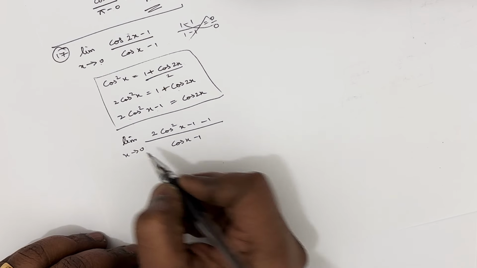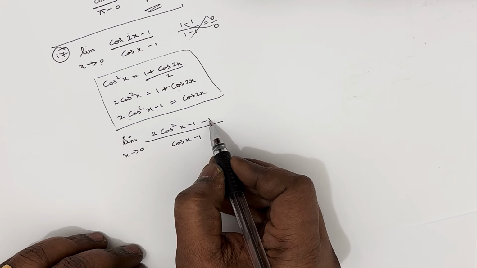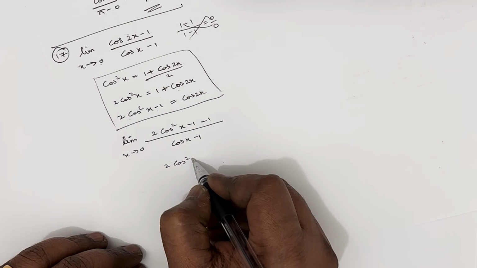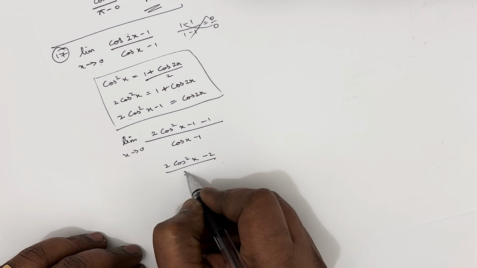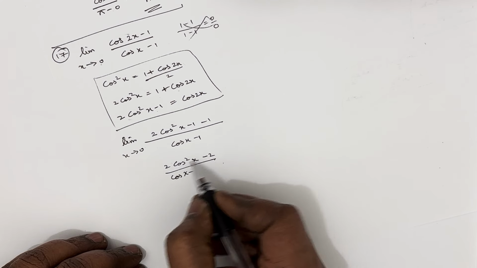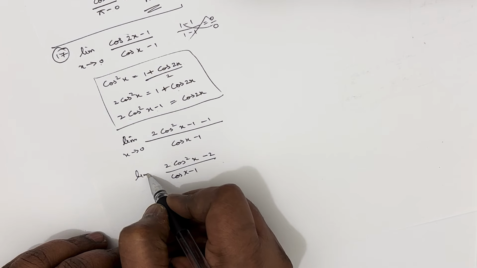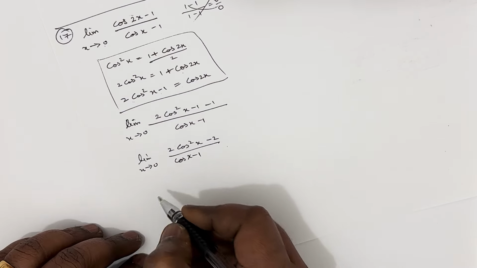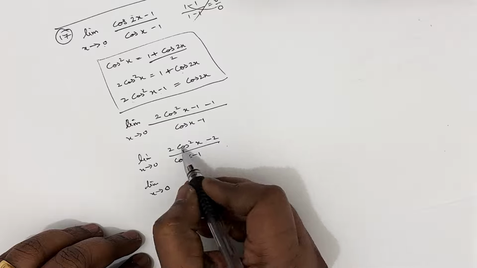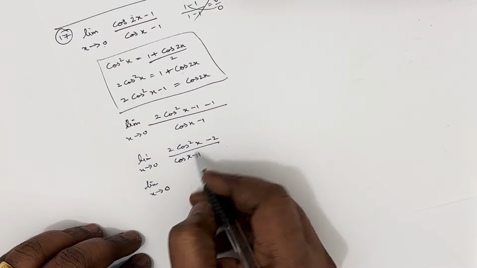Limit x tends to 0. Now you see this minus 1 and minus 1 become minus 2. So this will become 2 cos square x minus 2 upon cos x minus 1. Now if you take limit x tends to 0, you can take this 2 common, out.